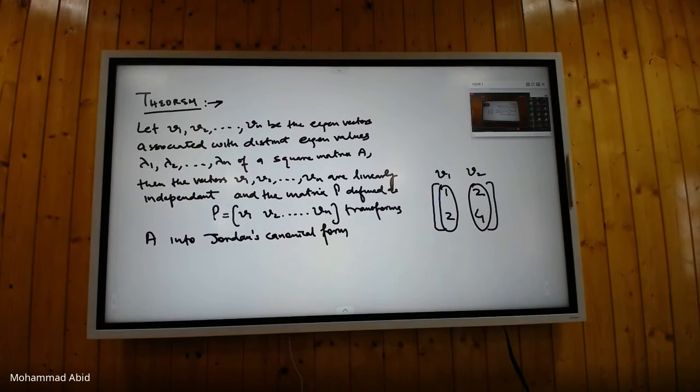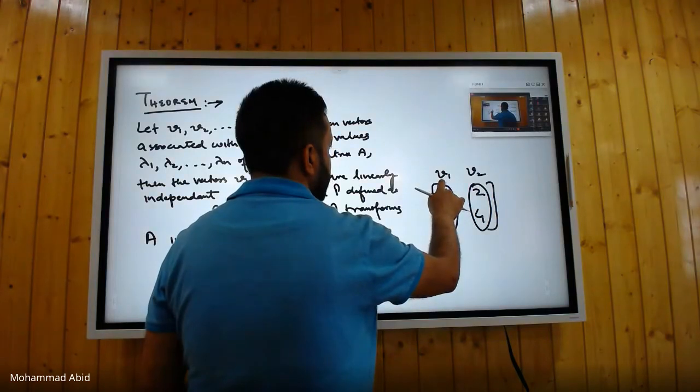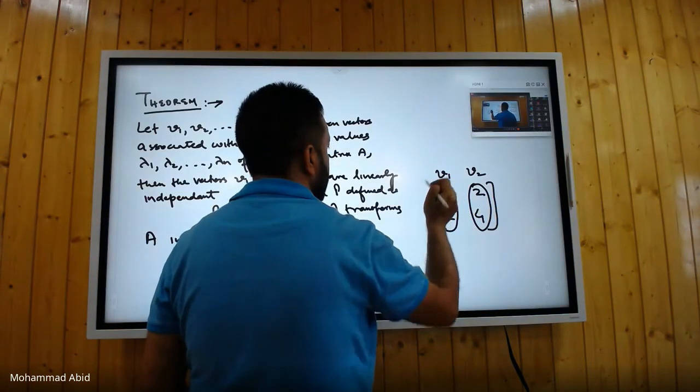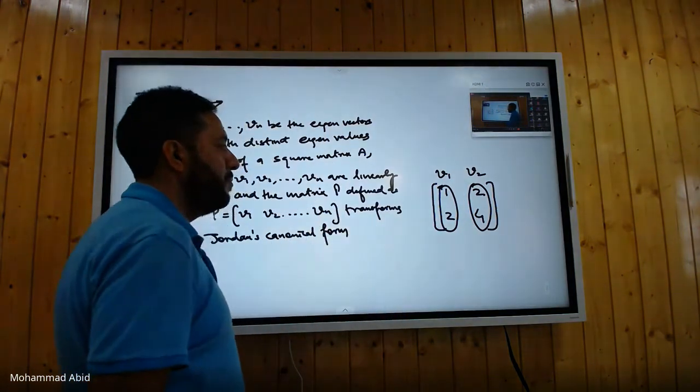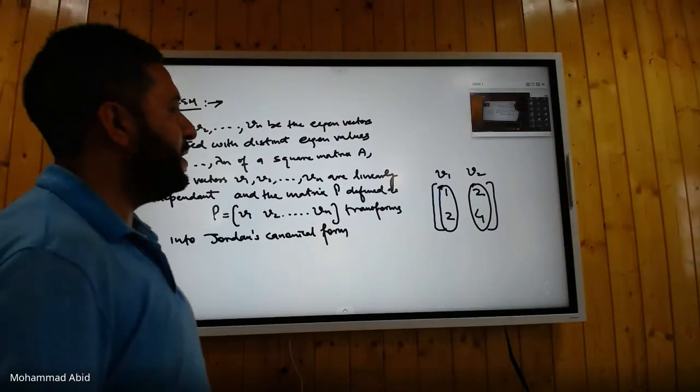Are these two vectors linearly dependent or independent? I'm waiting for your answer. Dependent. Why are these dependent vectors?